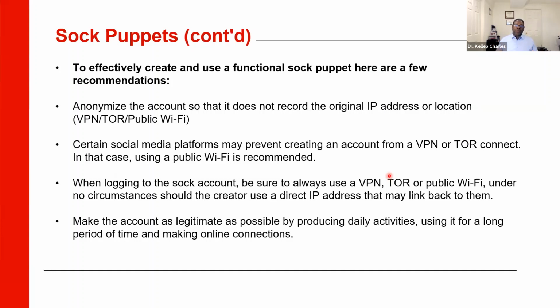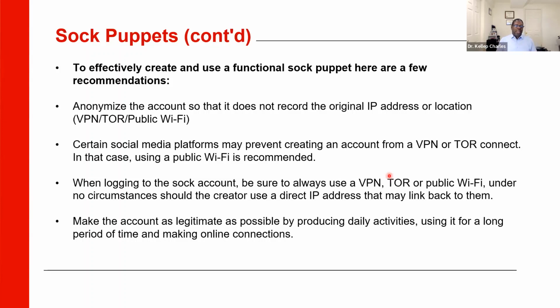IP to be recorded, because there are techniques that could take you to day one from when this account was created. So what is usually recommended is that you use a VPN, which will change your original IP address. You also have something that is called Tor, which is an anonymizer, or use a public Wi-Fi where you could create that particular user account.